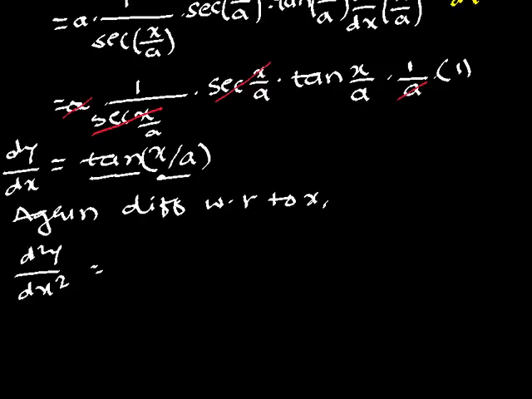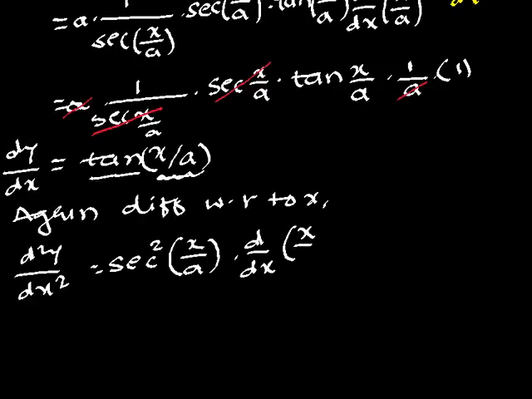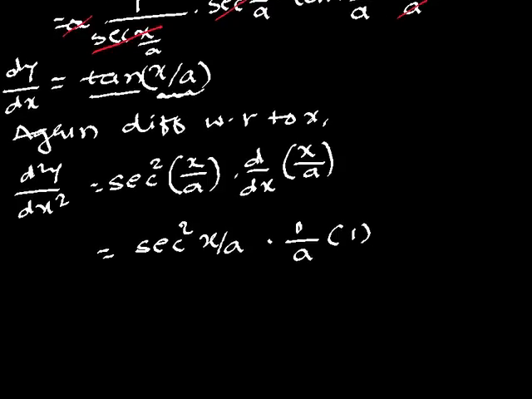Assume tan x is x; the derivative of tan x is sec square x, so it will be sec square x upon a into the derivative of x upon a. As we found earlier, 1 upon a is constant and the derivative of x is 1, so it comes out to be 1 upon a into sec square x upon a. This is the second order derivative, d2y by dx square.